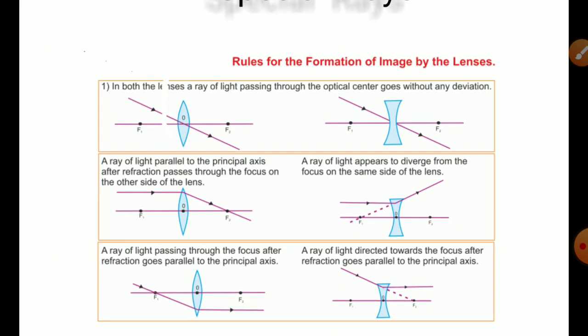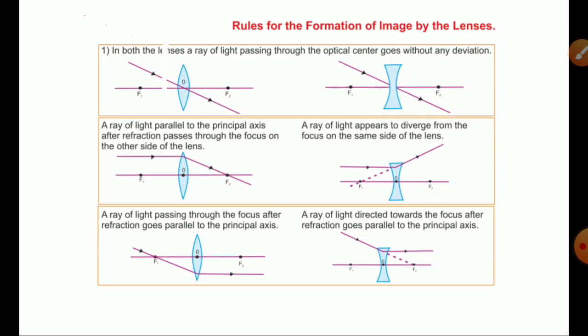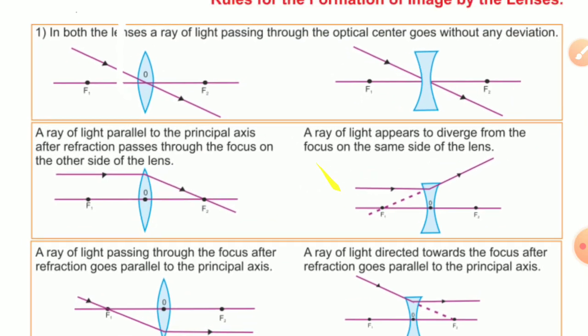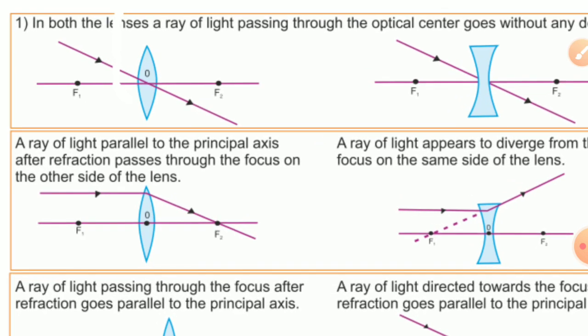Now special rays, or we can say these are the rules for the formation of image by the lens. These rays are called special rays only because their path after refraction is well known to us.